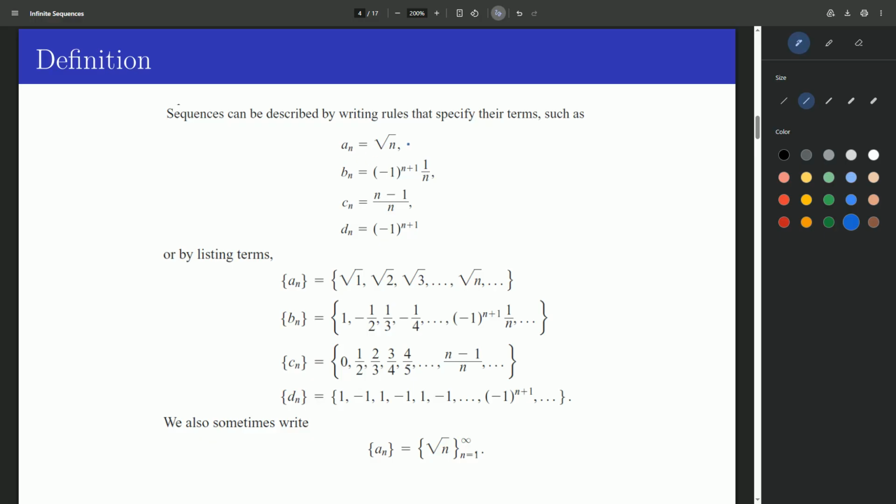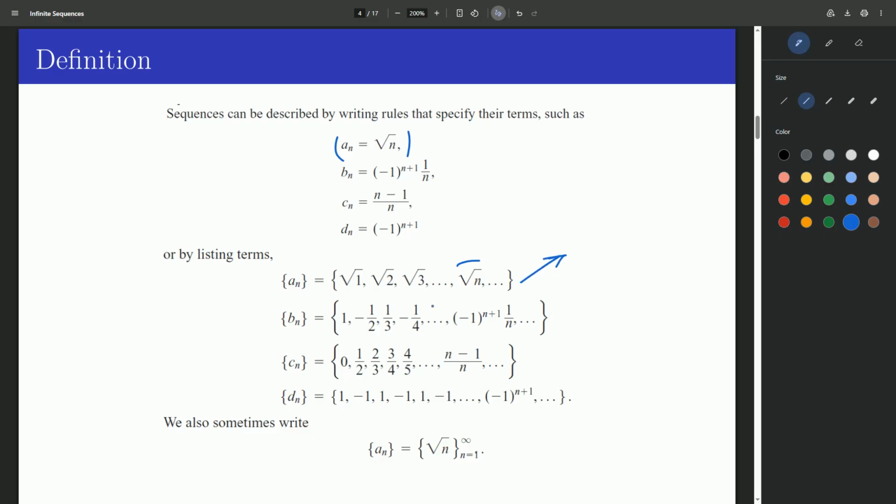A sequence can be written using the explicit form of the general term, or maybe by some starting terms and the general term. If I look at these sequences, a_n is root 1, root 2, root 3, it shows that it is strictly increasing.